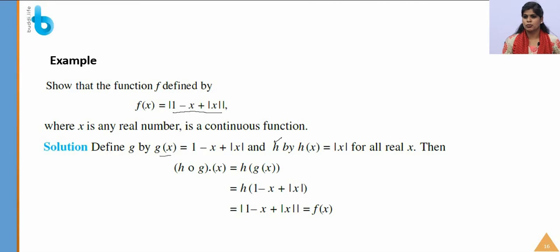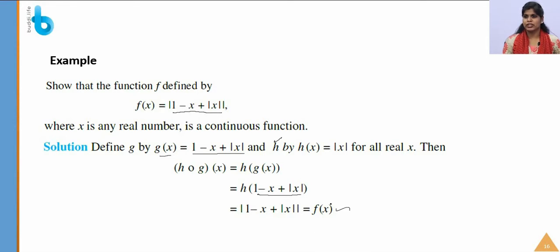Then h composite g of x equal to h of g of x, that is, h of what is g of x? We have taken this function, right? Then h of x is what? h of x is modulus of x. So for this function, if you take modulus, we'll get f of x. So h of g of x is just the modulus of this term, which is equal to f of x.